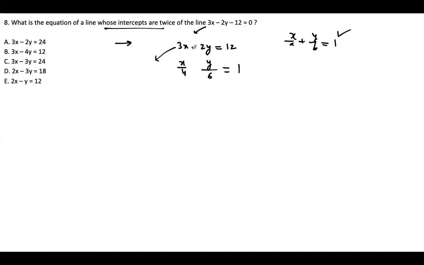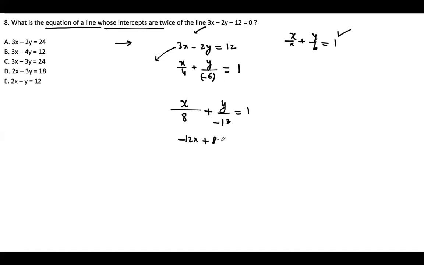Rather than taking a minus here, I'm saying this is plus and this is minus. So you need the equation of a line whose intercepts are twice of this. So you need an equation of a line whose x-intercept is 8 and whose y-intercept is minus 12.